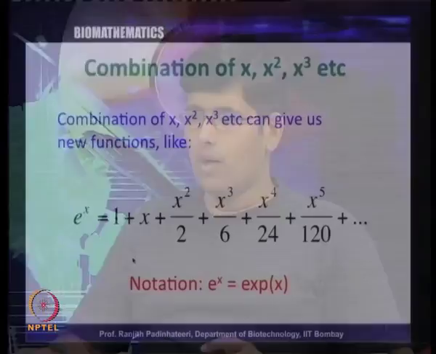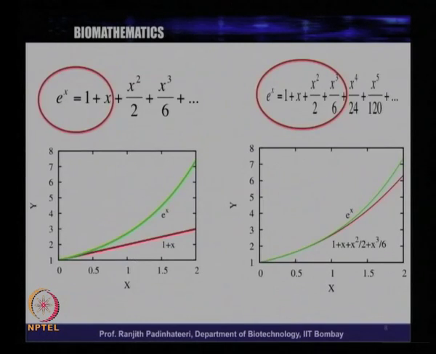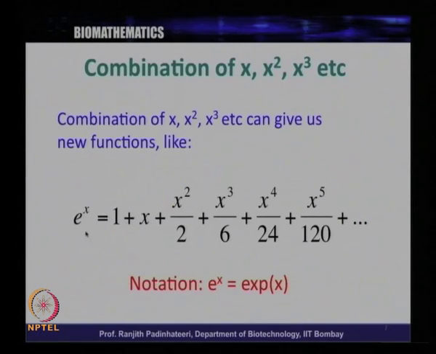Last time we discussed a very well known function called the exponential function, and we expressed it as a combination of x, x power 2, x power 3, etc. So, let us just remind ourselves of what we wrote last time. We wrote e power x equal to 1 plus x plus x square by 2 plus x cube by 6 plus x power 4 by 24 plus x power 5 divided by 120 plus dot dot dot.